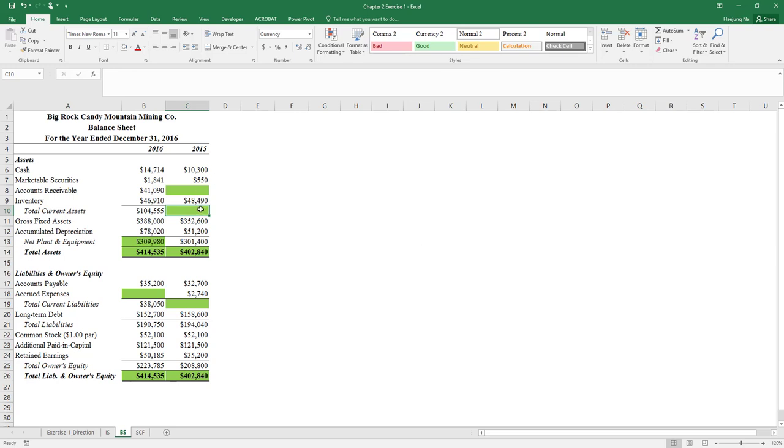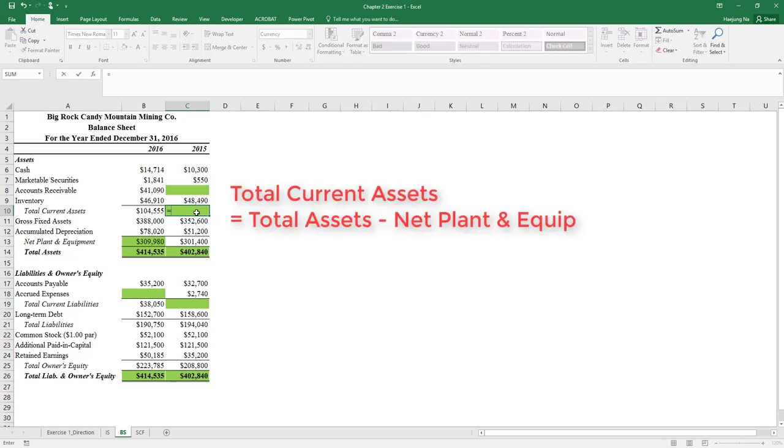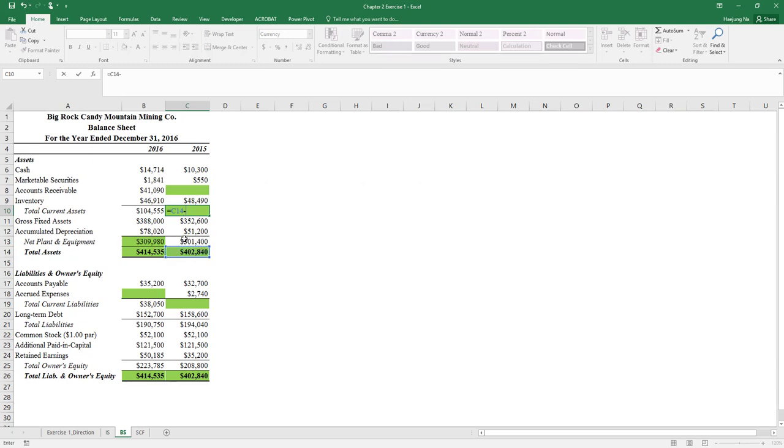Total current assets will be the sum of all the subcategory items, but as the accounts receivable amount is missing, it's probably better to calculate it as total assets minus total fixed assets, which is net plant and equipment, all right? Then you will have the total current assets amount calculated, right?